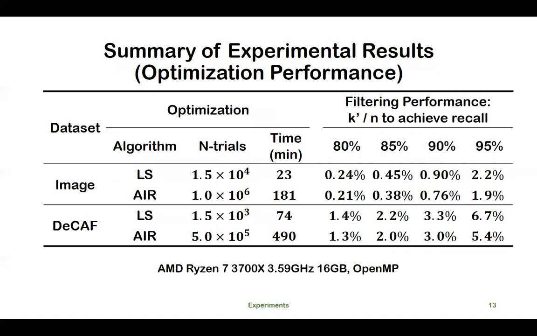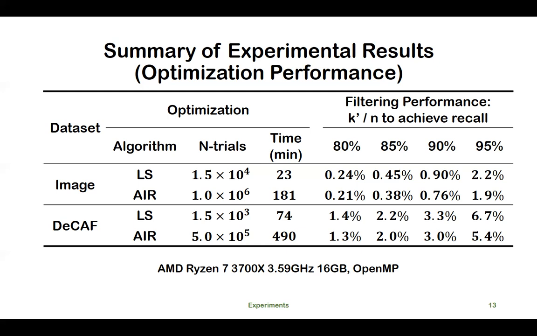This table summarizes the optimization process. The sketch filtering performance is expressed as the ratios of K prime to N that achieve recall rates of 80% to 95%. The smaller this ratio, the higher the filtering performance. We ran experiments 5 times and the average values are listed.